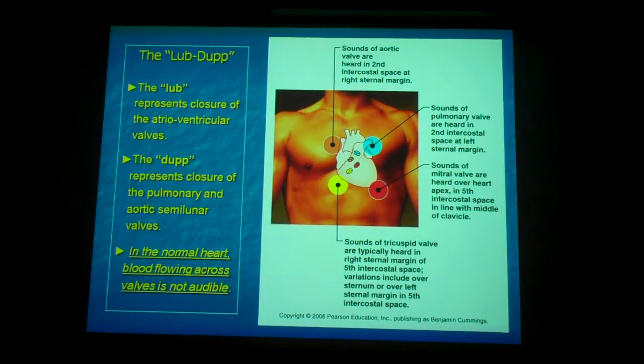For example, the mitral valve is best heard not directly over the valve, but down here at the apex of the heart. And that's because the sternum is covering up those valves? Partly that, and partly just the way the heart is shaped and the way the sounds are transmitted. Okay.